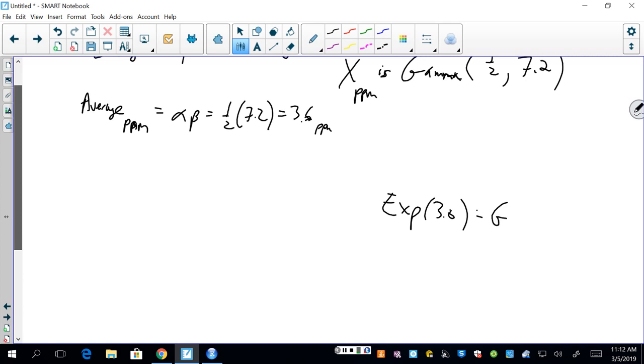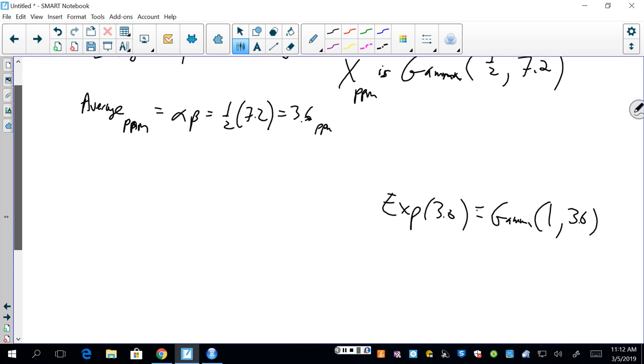That would be like a gamma random variable with parameters 1 and 3.6, because the special case of the gamma is that. Now I said that no, it's not exactly that. There's a little bit different shape to the distribution. Instead of curving down exactly like an exponential, it's a little modified.